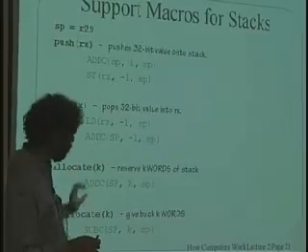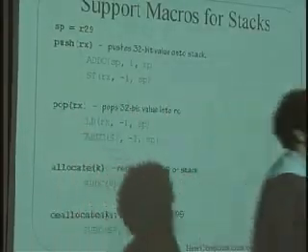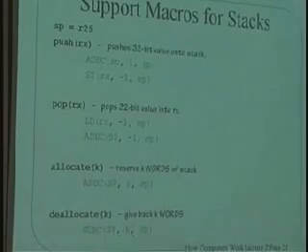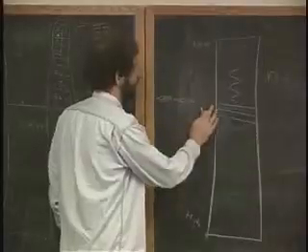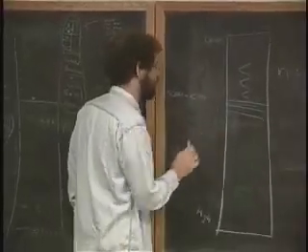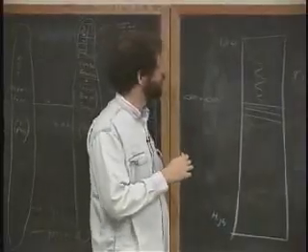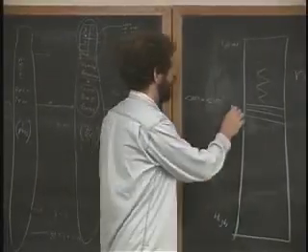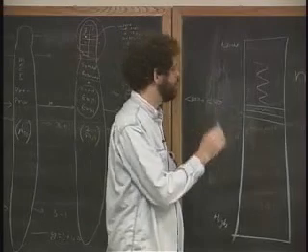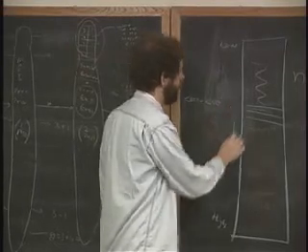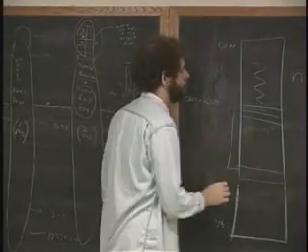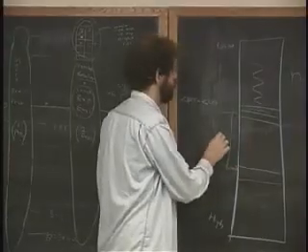Then we have 2 other subroutines, which are pretty neat, which say I want to allocate a whole bunch of stuff on the stack. Let's say I'm about to execute a subroutine, and it has 100 words of local variables. I don't have to push 100 times. Instead, I can just say add 100 to the stack pointer, if this distance is 100.